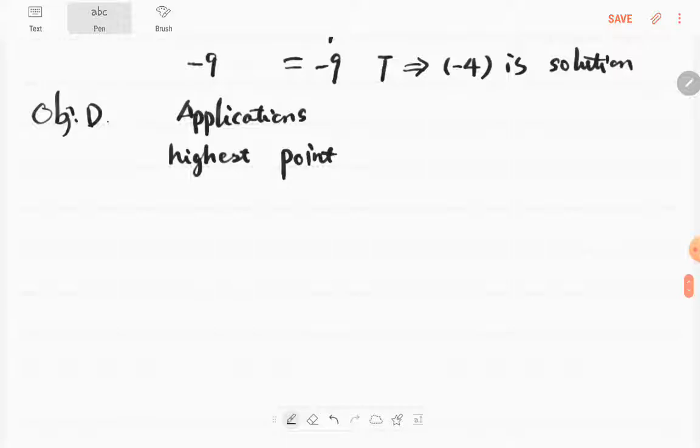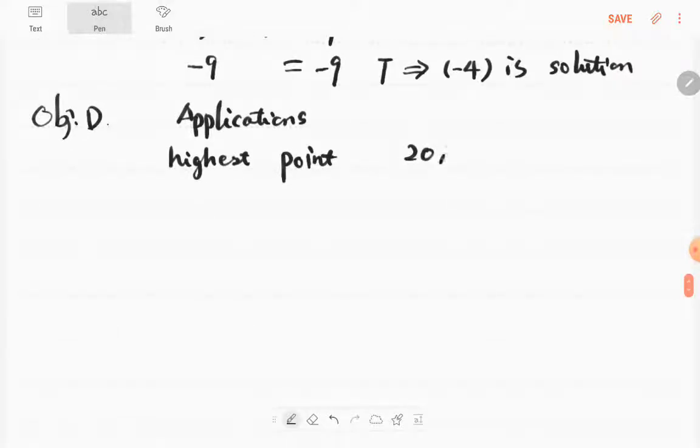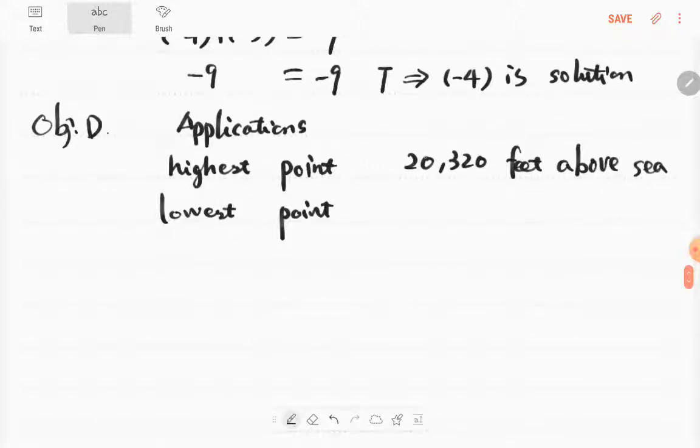It's just the height in feet above the sea. Then the lowest point is Death Valley. It's 282 feet. Make sure you know it's below sea level.